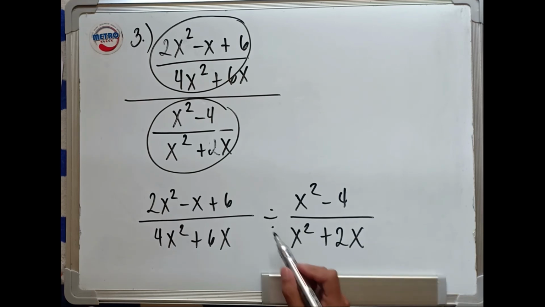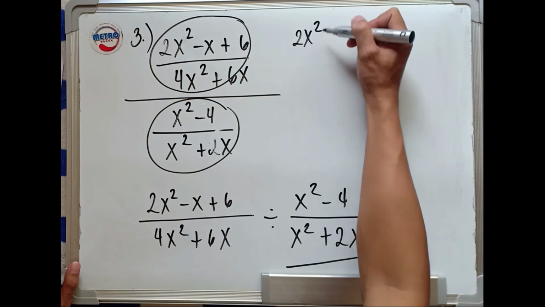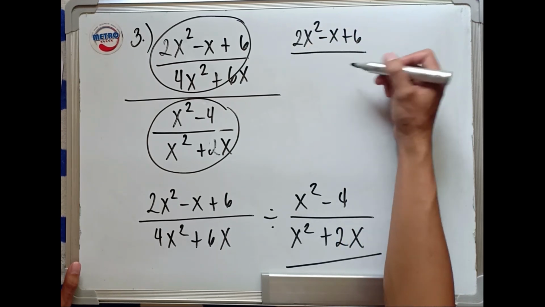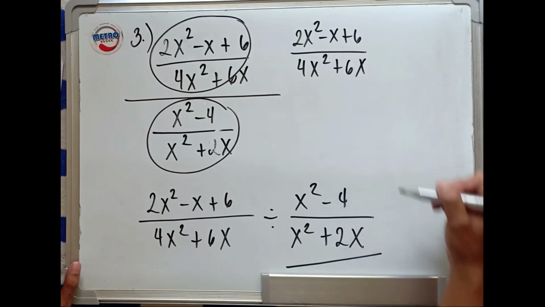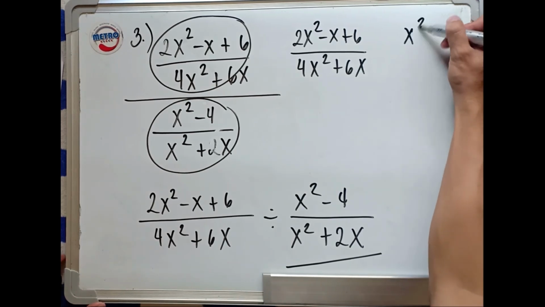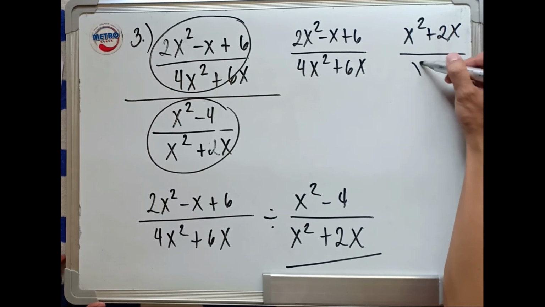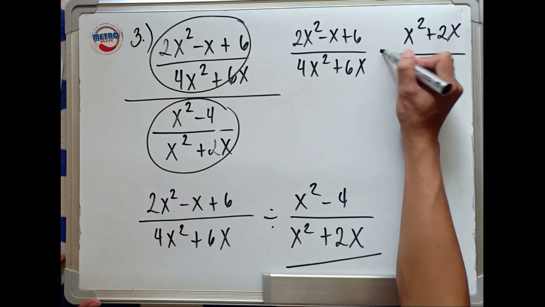When we are dividing fractions, we need to get the reciprocal of this divisor. Let us copy 2x squared minus x plus 6 over 4x squared plus 6x. Then the reciprocal of this divisor will be x squared plus 2x over x squared minus 4. Then the process will become multiplication.